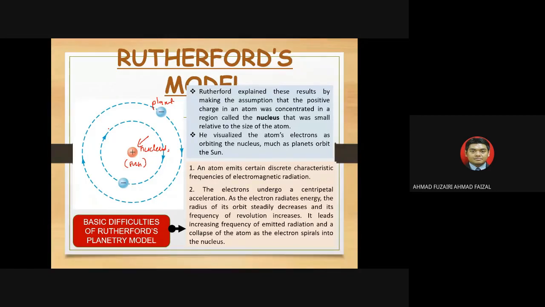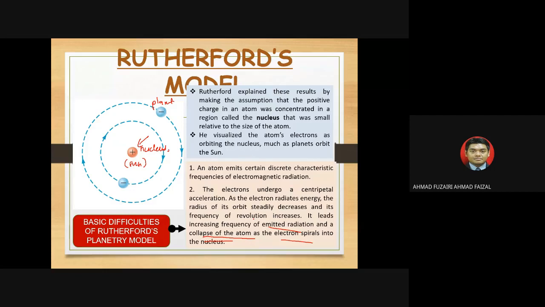As the electron radiates energy, the radius of its orbit steadily decreases as its frequency of revolution increases. It leads to increasing frequency of emitted radiation and the collapse of the atom as the electron spirals into the nucleus.